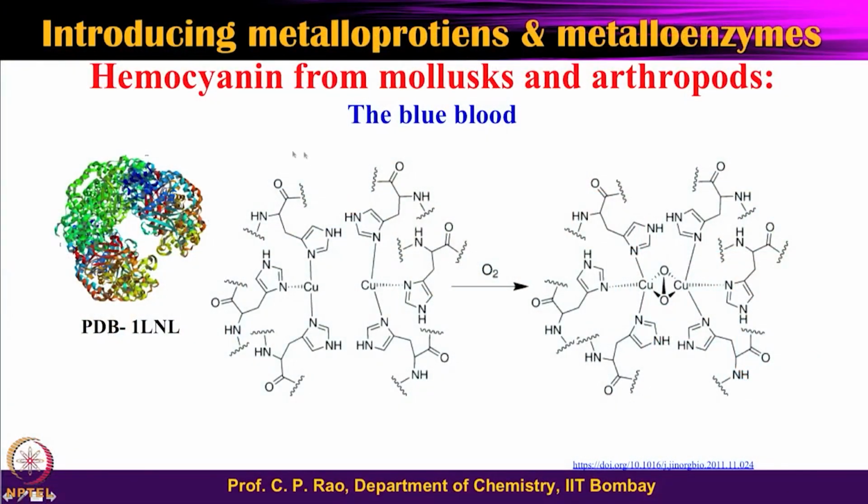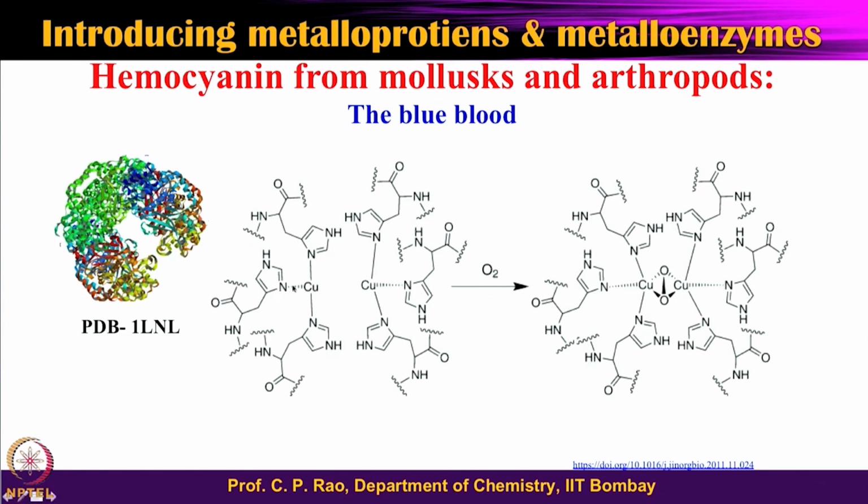Now, for a while, let us move to the third case, which is the hemocyanin. The hemocyanin from mollusks and arthropods is the blue blood. The protein is also huge here, not that simple, and it has a quaternary kind of structure.